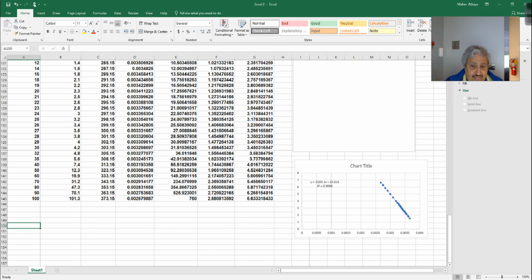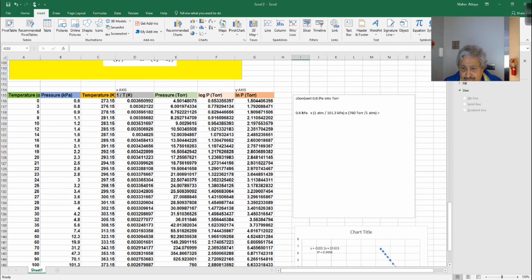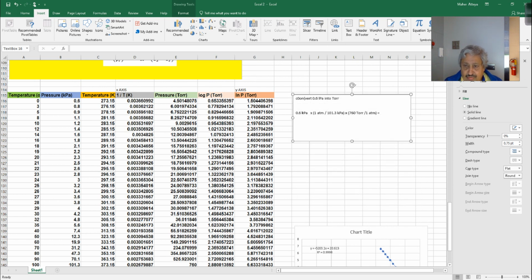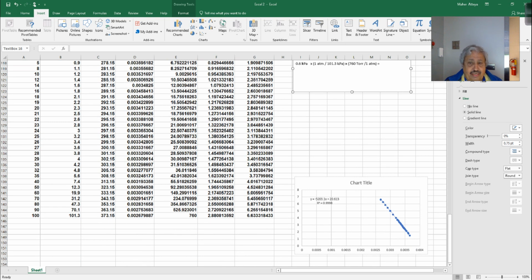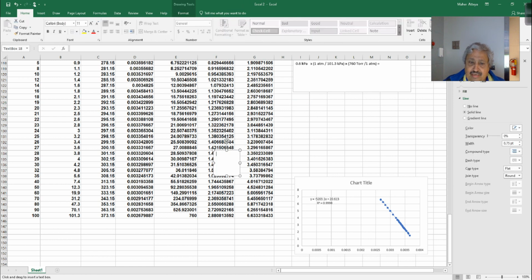I will add a text box just to let me know what the relationship is. Maybe you have to take this one down a little bit. Okay, so then I will add a text box here, because I need to get this delta H. Let's do it here together.